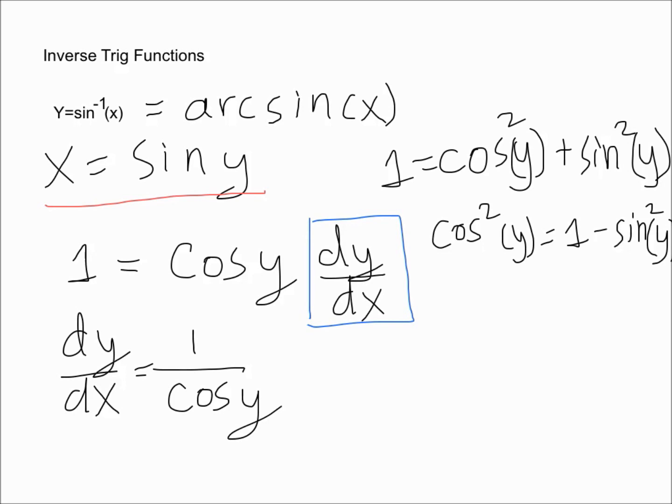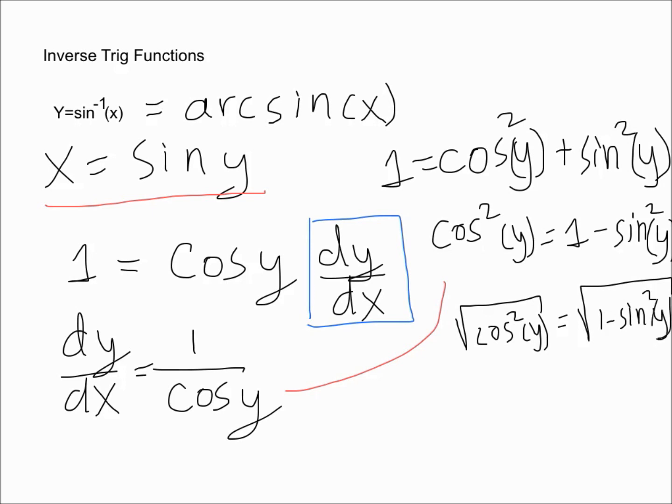But we want to substitute these two, so we will have to make the cosine squared of y cosine of y, which means we will obtain the square root of each side. So the square root of cosine squared of y is equal to the square root of 1 minus sine squared of y. This becomes cosine of y is equal to the square root of 1 minus sine squared of y, and we can put that into our equation.